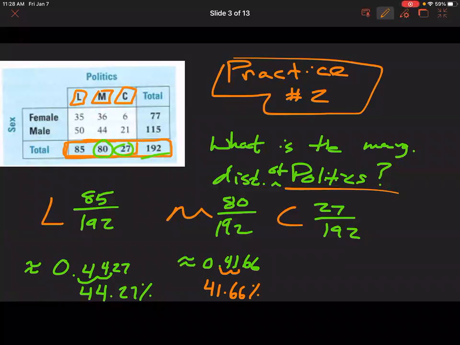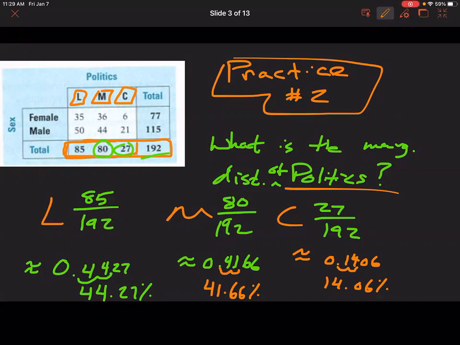And then 27 over 192. We get approximately 0.1406. Move it 2 times, 14.06%. Actually, it looks like these might all add up to 100. I'm going to put them in a calculator to check. 44.27 plus 41.66 plus 14.06.